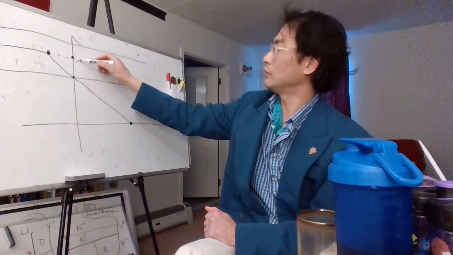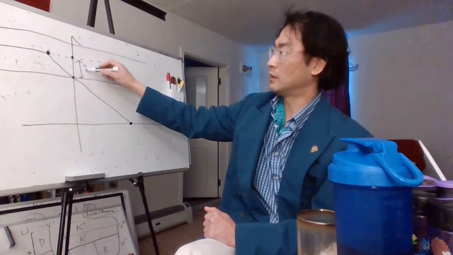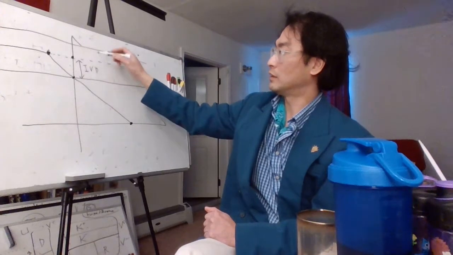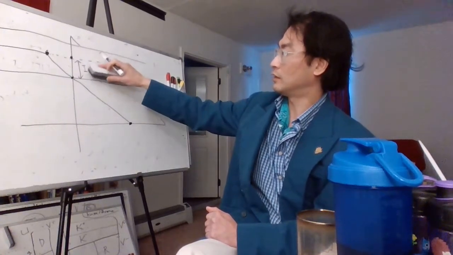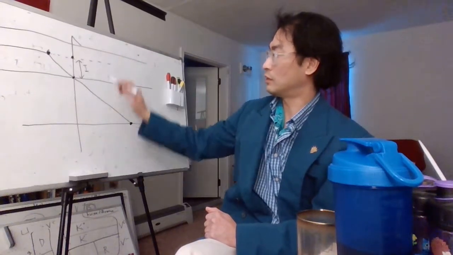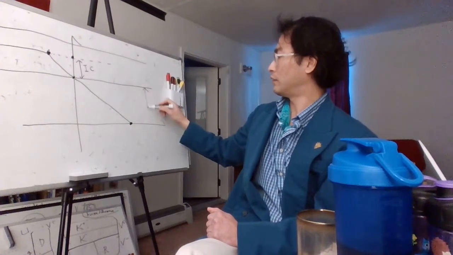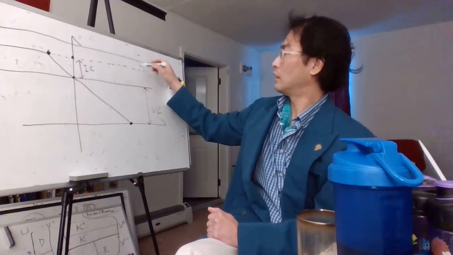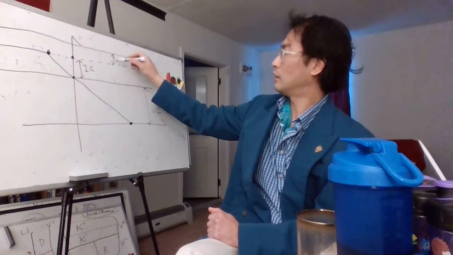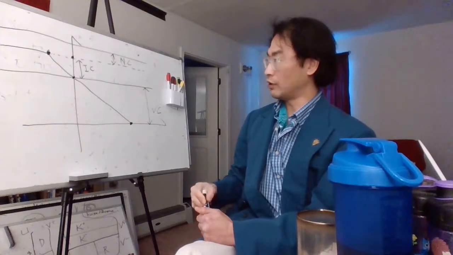So here we will just simplify. Let's say this is the involuntary volitional demand. Here you have the voluntary consumers, and here you have the non-consumers, the involuntary consumers.